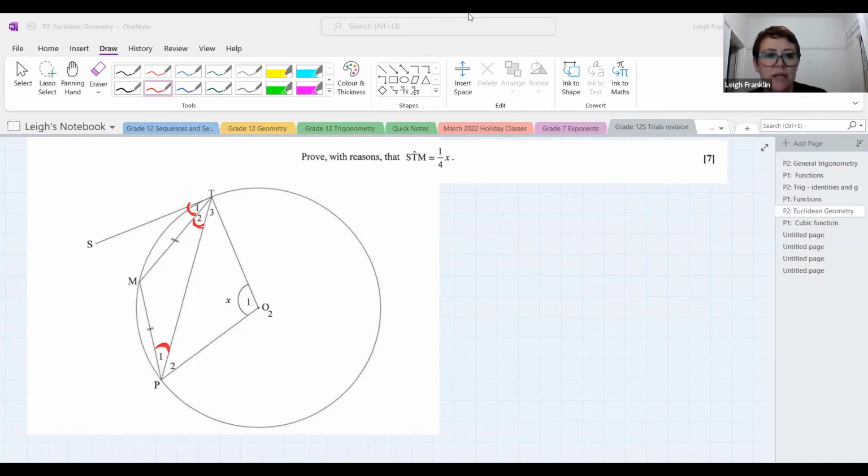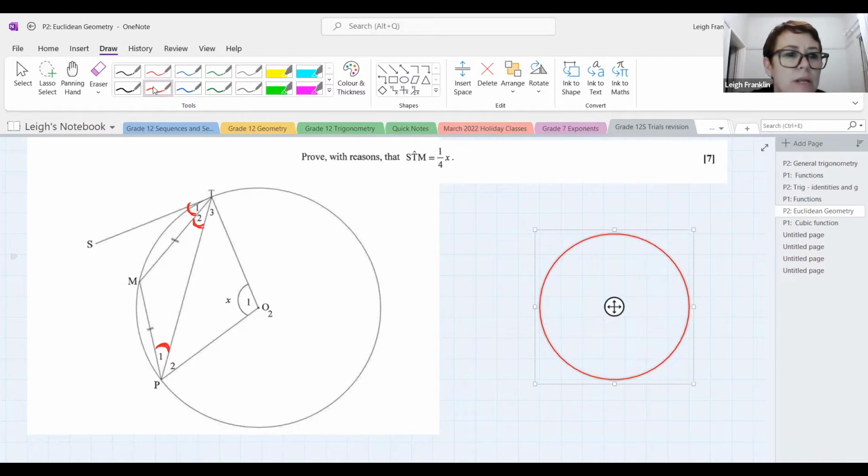M equals 1/2 of X. Angle at center equals 2 times angle at circumference. Okay, but now hang on a second. If we've got angle at center, you're on the right track. If angle at center is 2 times angle at circumference, let's just draw this.